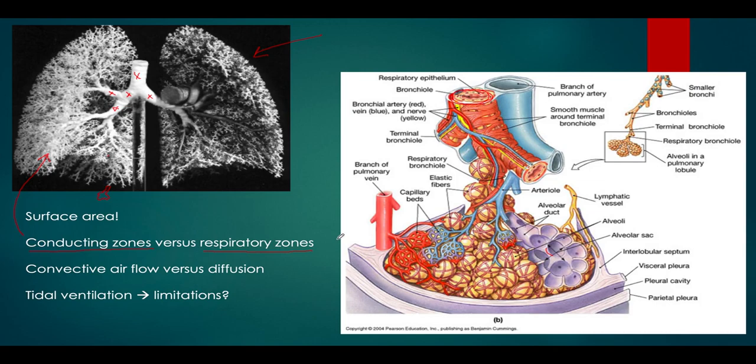Because those are simply the pipes, the branching and branching and branching of the pipes to get you to the respiratory zone, which is what we have over here, right? The respiratory zone is where we're actually having gas transfer, gas exchange across that thin squamous respiratory membrane, right? The conducting zones are simply conducting, carrying the air to and from, right?